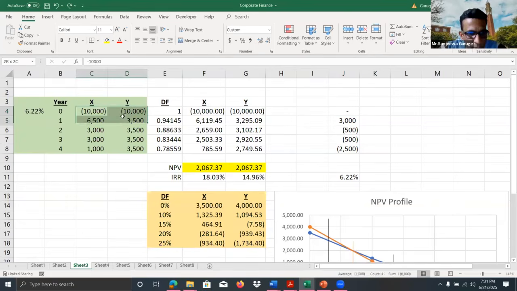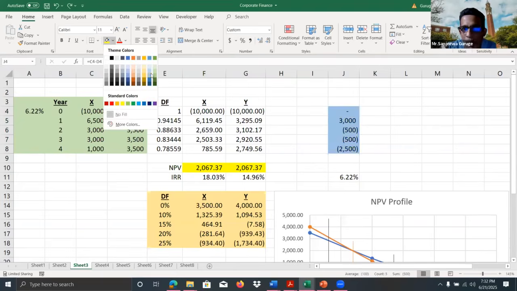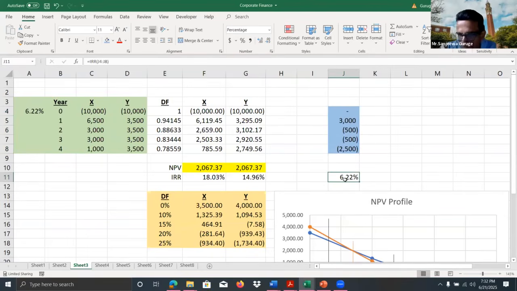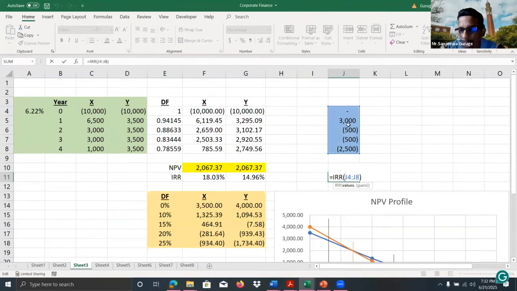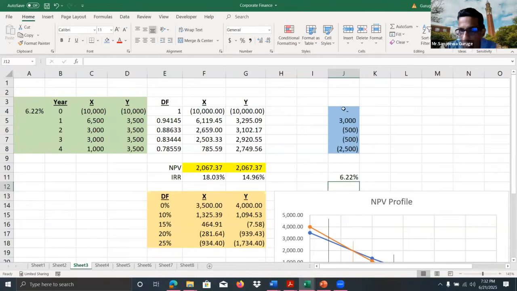Here, when we compare these two projects, this shows the incremental cash flows for all the years. In the investment there is no difference, and from the first year there are differences, and therefore these are the incremental cash flows. We need to calculate the IRR of the incremental cash flows. So 6.22% means what? It is the IRR of the incremental cash flows.